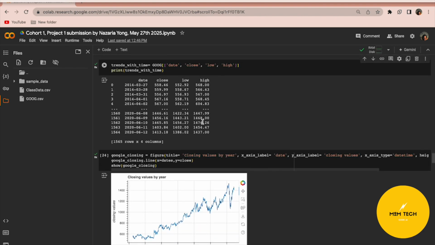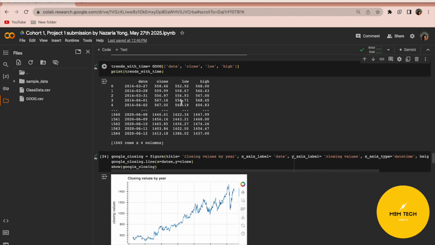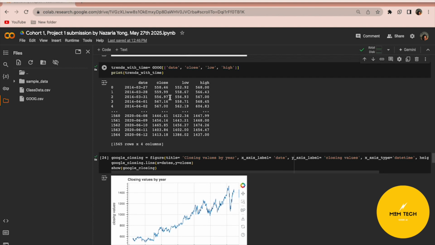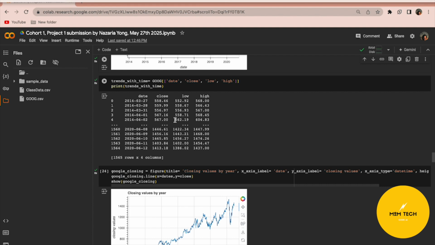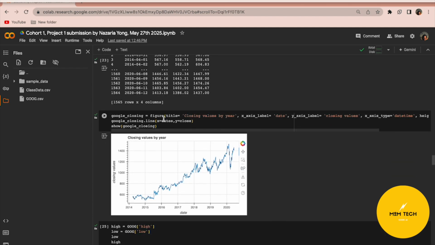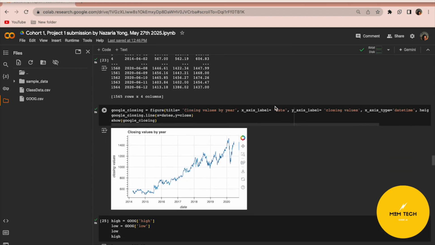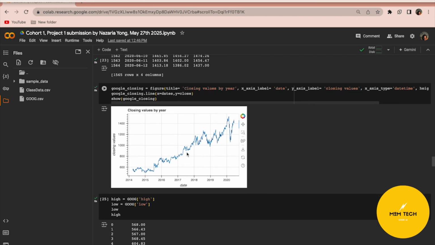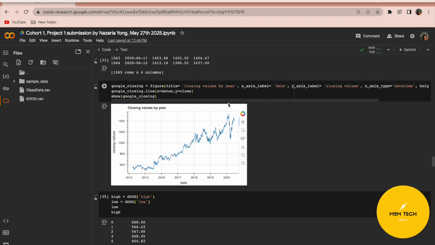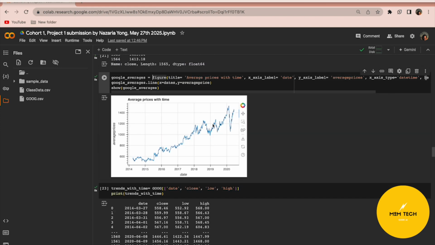So let's move on to the comparison for the 3 different stocks. So again, I pulled up the date, close, low, value, and high because I wanted to compare 3 different stocks, the trend with time. So again, I pulled up the figure function using all the 3. First using the closing values, and the trend was similar to what I obtained above for averages.